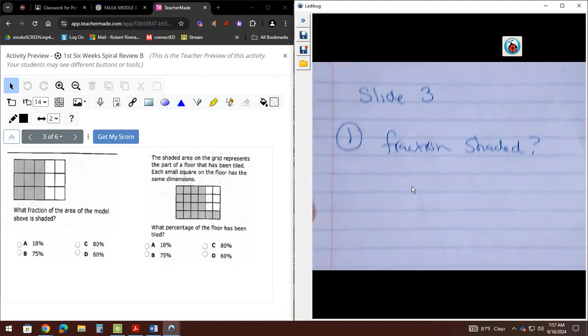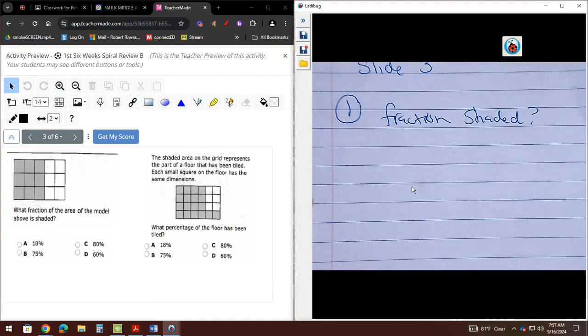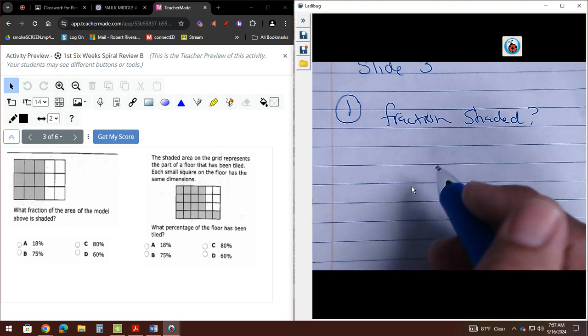There we go. So I don't see a fraction, so I'm gonna have to create one.